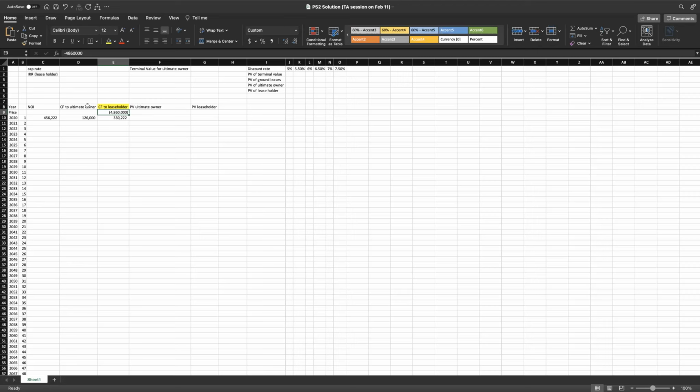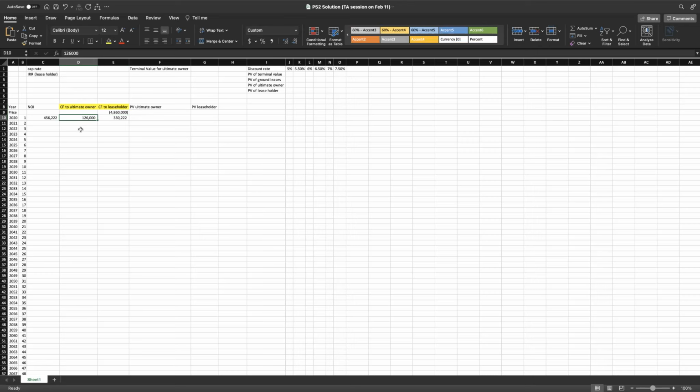So there is actually another person implicitly, which is called the ultimate owner. The ultimate owner is the one that gets all the ground lease payment, which, starting from year 2020, is going to be 126,000.